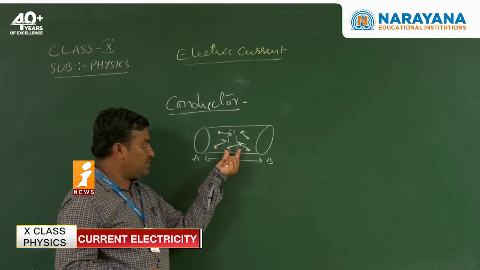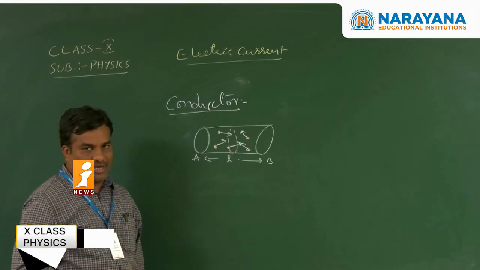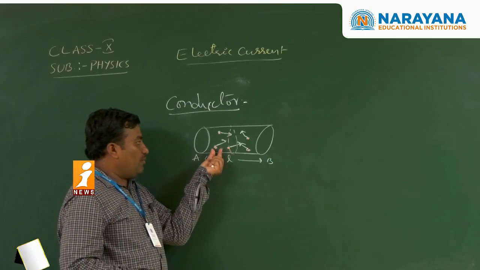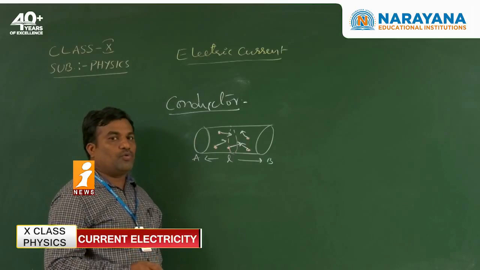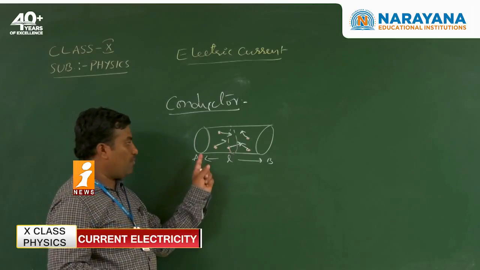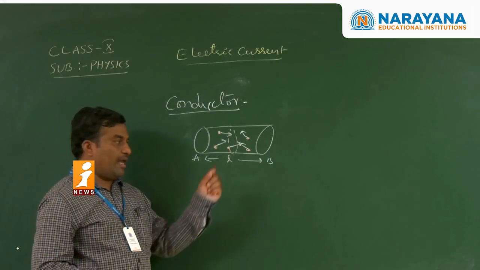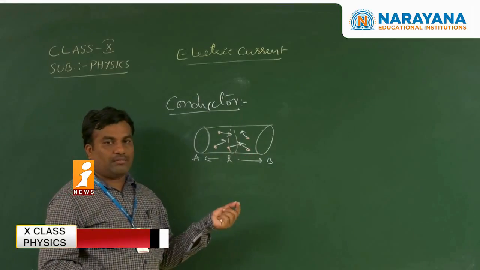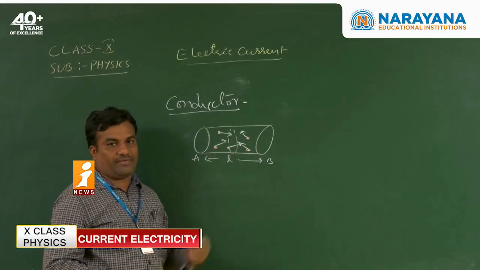Here this is the unit cross-sectional area. The number of electrons traveling through the unit cross-sectional area from left to right is equal to the number traveling from right to left.